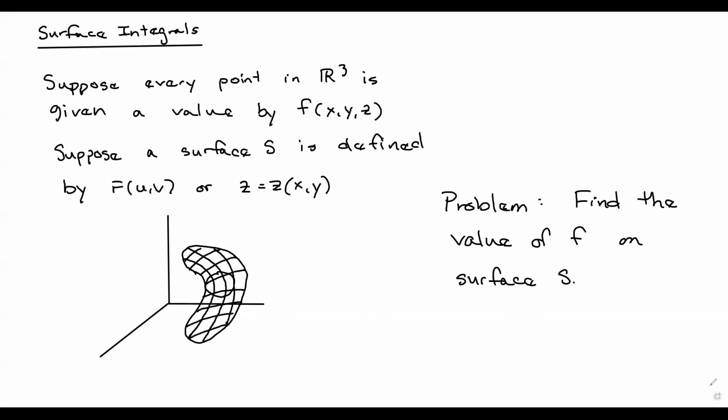All right, so let's do that on the next page. So we're going to start off with that patch, and we'll say it looks like this. Okay. We're going to just grab a point somewhere on the patch. Now, it doesn't specifically matter where that is, because once we come up with a formula, we're going to take the number of patches to infinity, and they're going to become infinitesimally small.